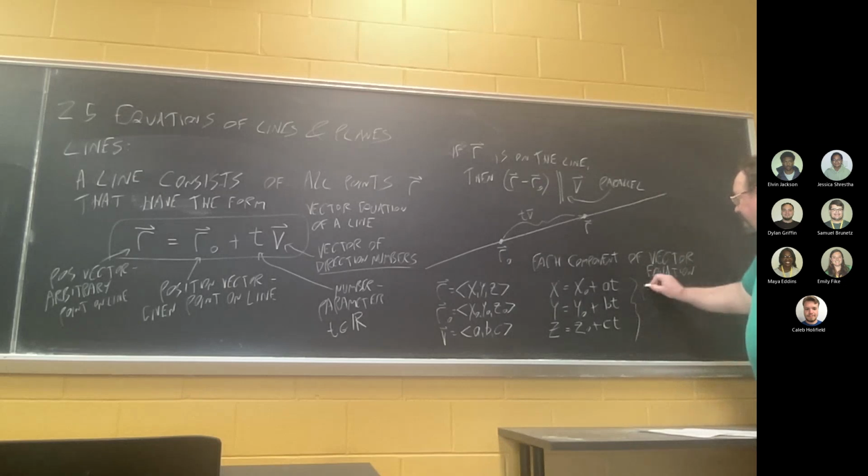So these three equations taken together are called the parametric equations of a line. That way you can see how each component of points in a line, the x, y, and z components, are changing as the parameter t changes.